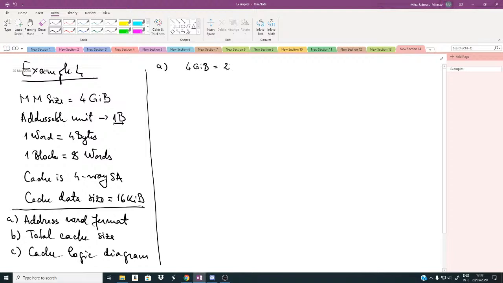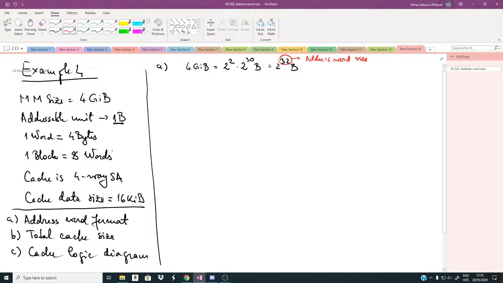This means 2 to the power 2, that's 4, and 1 giga is 2 to the power 30 bytes. So this is 2 to the power 32 bytes, which means that our address is on 32 bits. That's the address word size.